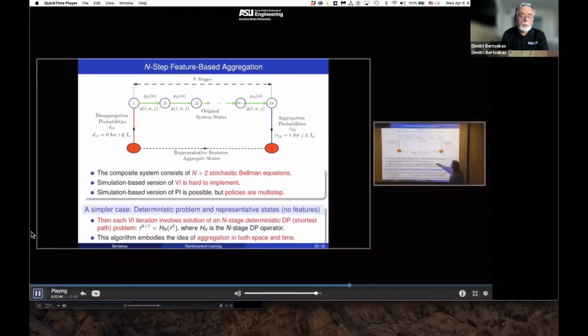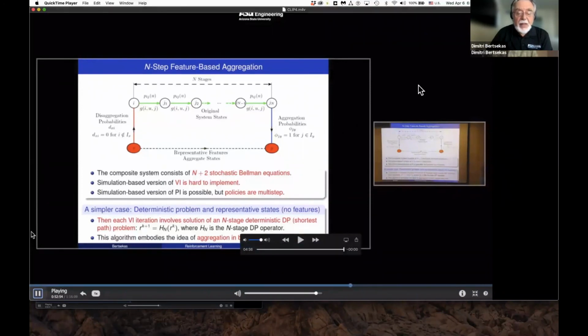I'm aggregating n stages, n time steps, into a single transition from X to Y. Okay, the 2019 lecture has a lot more material on aggregation in both space and time. It's an interesting subject that has not been explored fully, but we're not going to get to this because it becomes too technical.